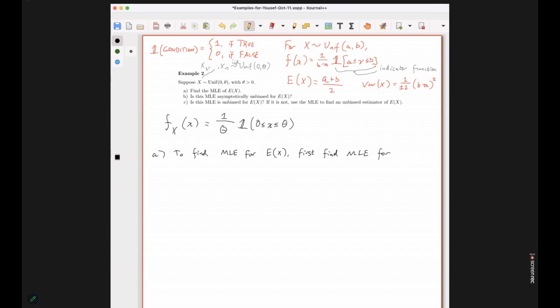If we want the MLE for the expectation of x, what do we need to get the MLE of first?